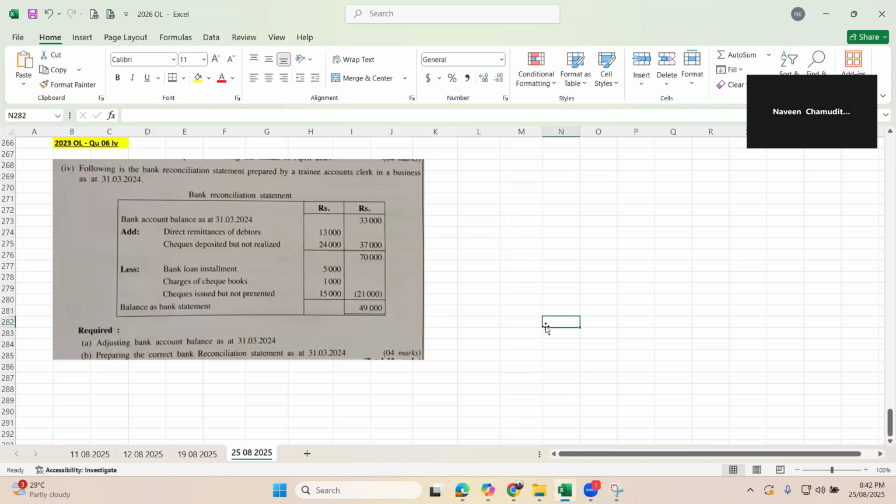The following is the bank reconciliation statement prepared by a trainee accountant.